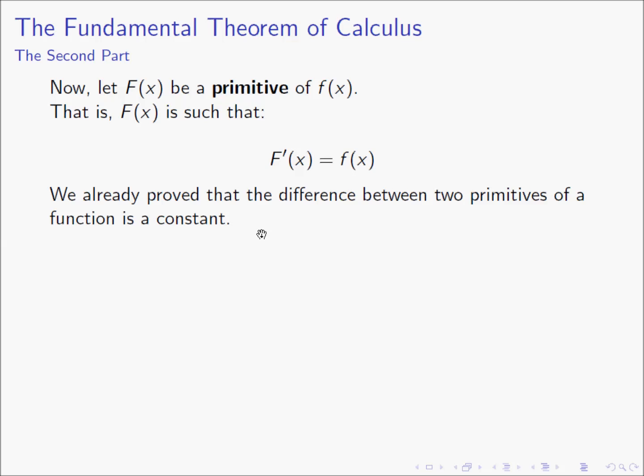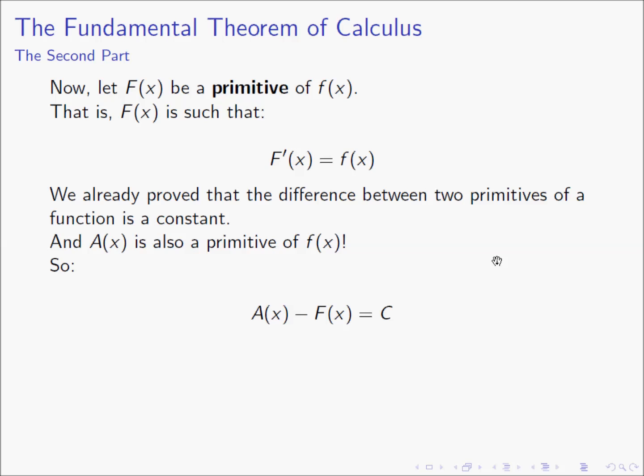And we also proved when we studied the indefinite integrals that the difference between two primitives of a function is a constant. And we also proved that A of x is a primitive of f of x because its derivative equals f of x. So we have that the difference between A of x and the other primitive F of x equals a constant for every x.